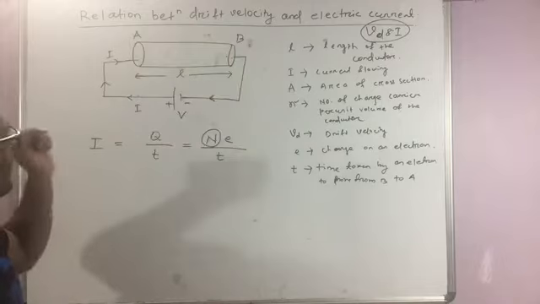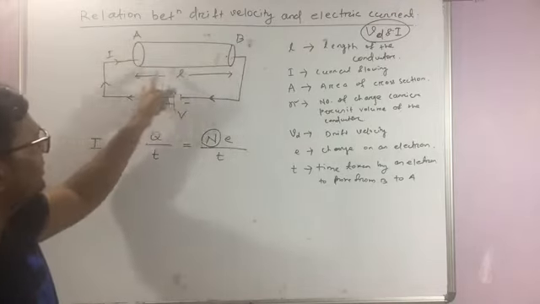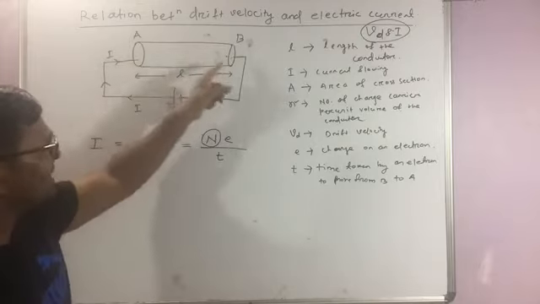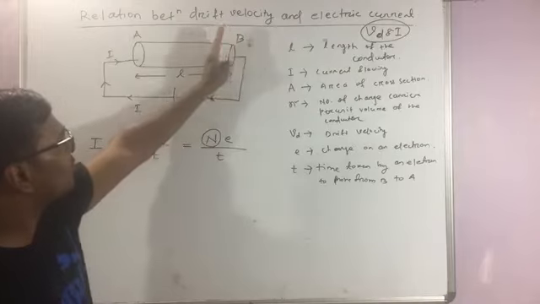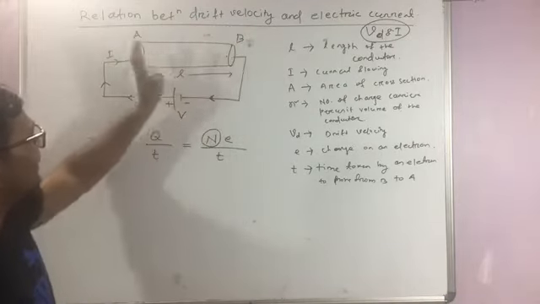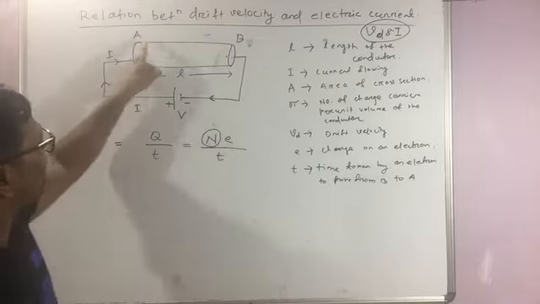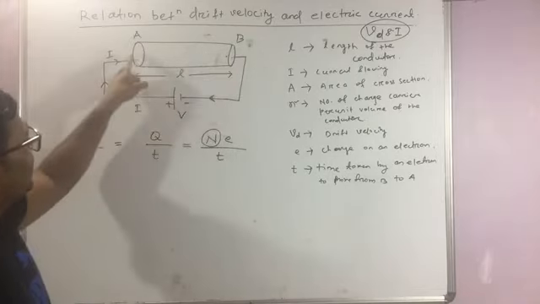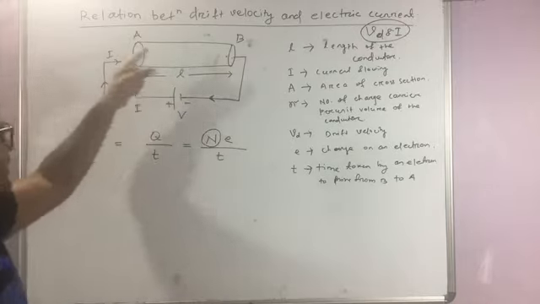It means the entire free charge that is present within this volume has crossed this cross section and filled the entire volume of the conductor. So this N represents the total number of electrons present inside this volume of the conductor considered.